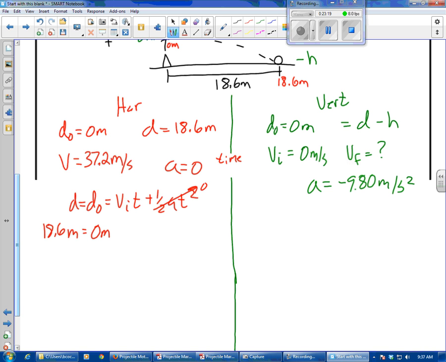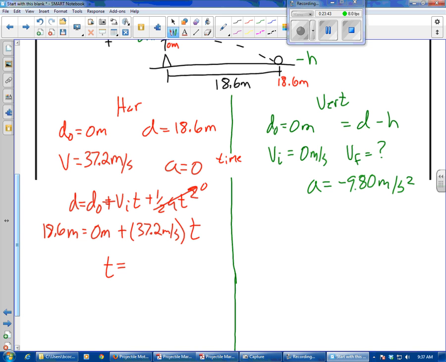You can either cross it out or write in 0 meters like I just did. Either way works. Plus my 37.2 meters per second t. Cool. I'm going to be able to find t, because I have all numbers in one variable.